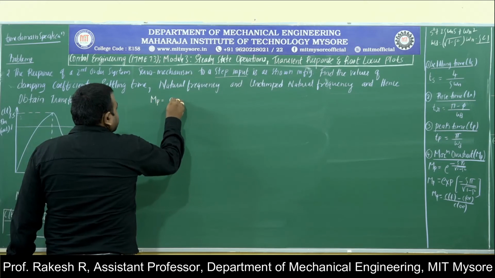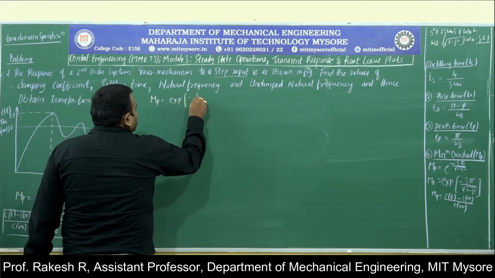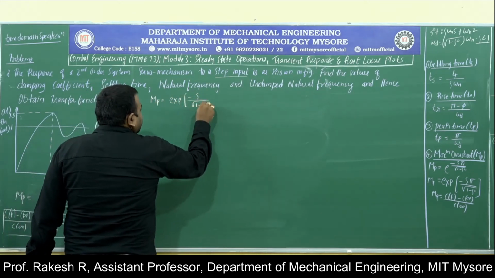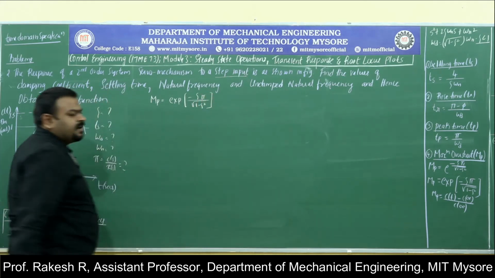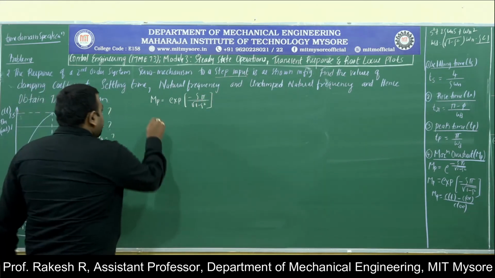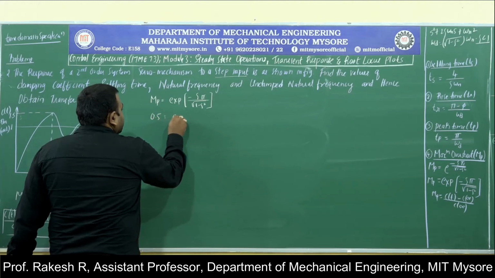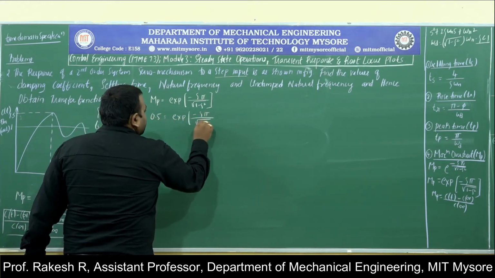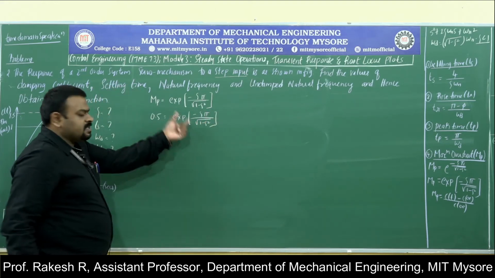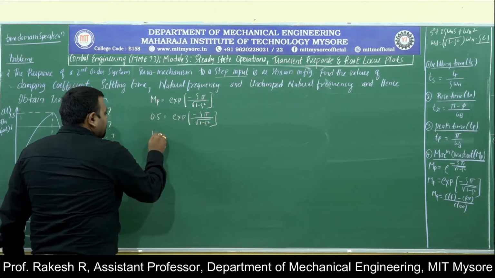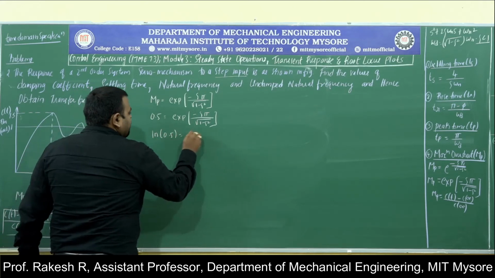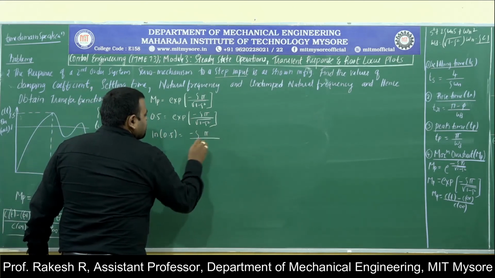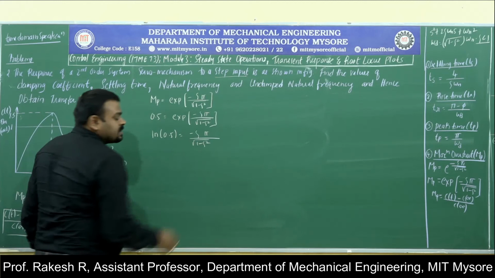Maximum overshoot is nothing but exponential of minus zeta divided by square root of 1 minus zeta square into pi. So Mp is given as 0.5. This is exponential of minus zeta into pi over square root of 1 minus zeta square. I will send exponential this side. It will be ln of 0.5 equals minus zeta pi divided by square root of 1 minus zeta square.